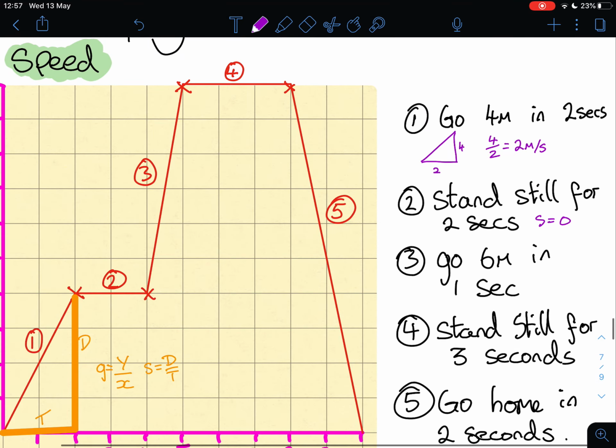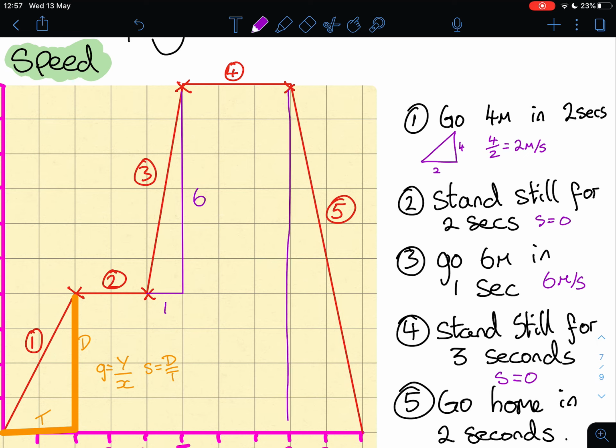Next, we go 6 meters in 1 second. So we take the gradient. Nice and easy, this one. We have y-axis of 6, x-axis of 1. 6 over 1 equals 6 meters per second. Then we have standing still, so speed equals 0. And then finally, a little bit trickier, we have a negative.